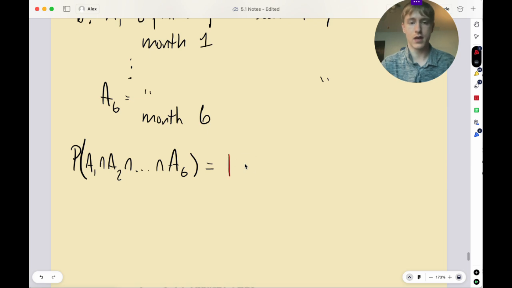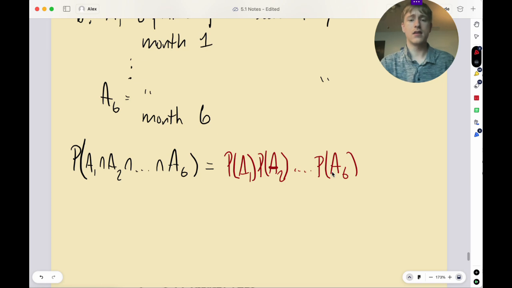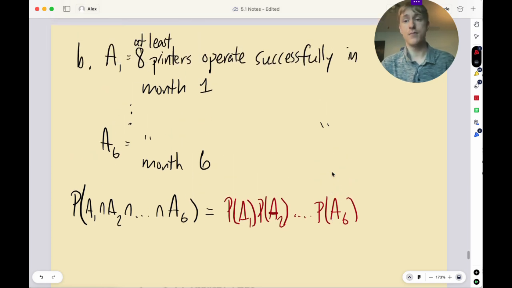So this is the probability of A1 times the probability of A2 times ... times the probability of A6. But they're independently distributed, which is why we're allowed to multiply, and they're identically distributed, which means that all the probabilities are the same. They're all going to equal whatever the answer was from part A.